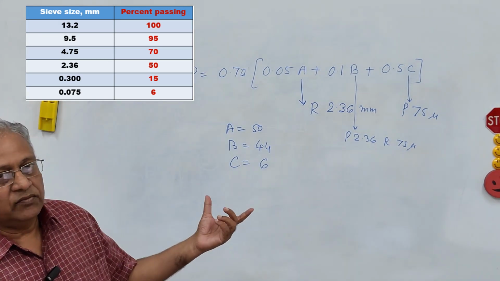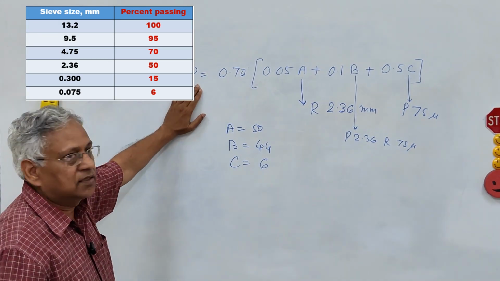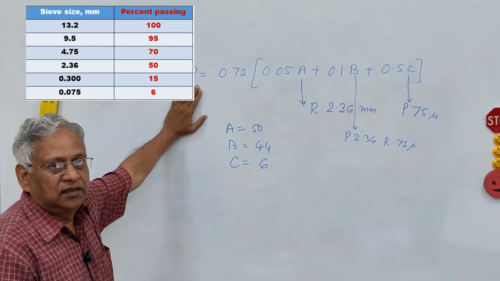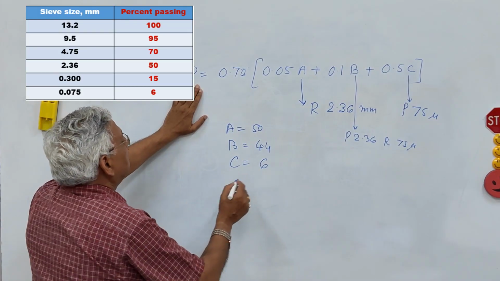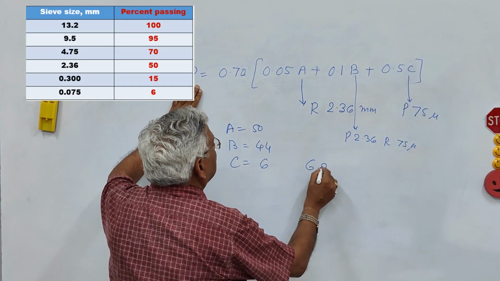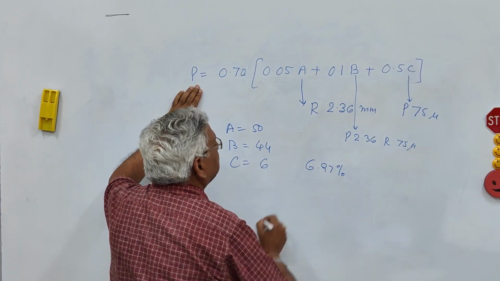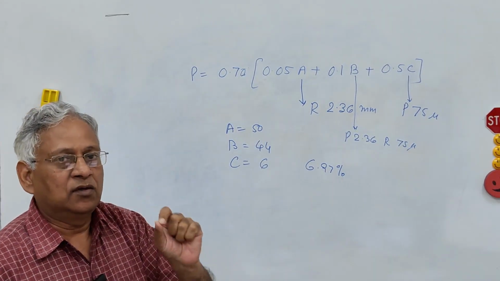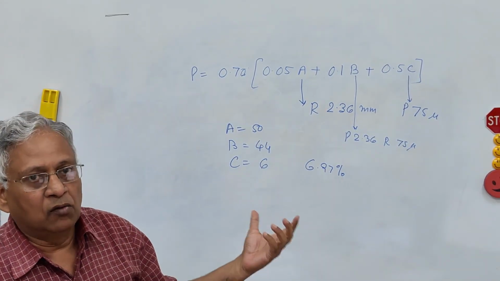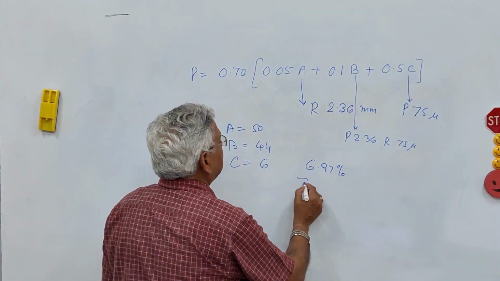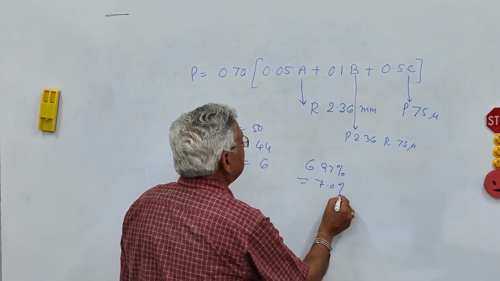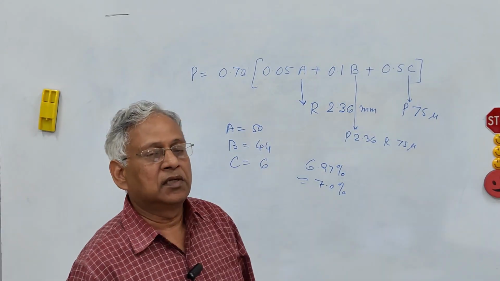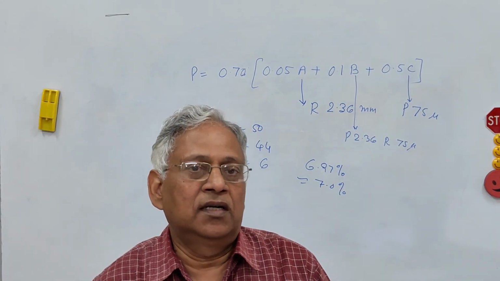With these values, if you calculate the percentage of emulsion in the aggregate mass, it will be 6.97%. What the code suggests is that it should be taken as a whole number, and therefore let us say 7%. Now, this is the approximate quantity of bitumen emulsion to be added when you are conducting the coating test.